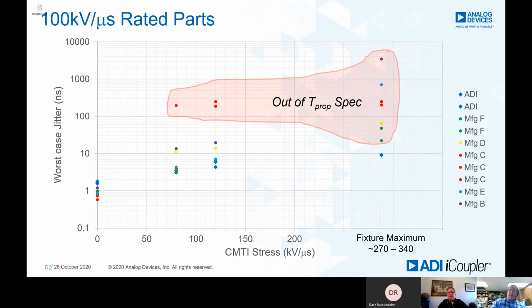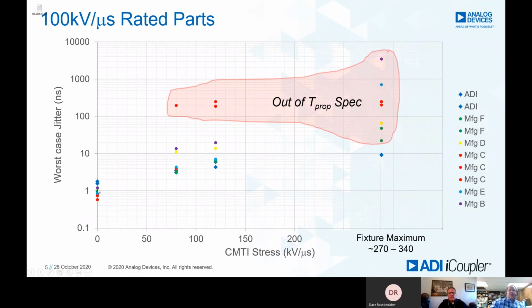There's a range of ratings for parts, so I was trying to pick parts that, when I looked at the data sheet, were claiming 100 kilovolt per microsecond performance, because it's not much of a comparison if you pick a 20 kilovolt per microsecond part and compare that to something higher. So I tried to make it fair, and selected a range of parts from different manufacturers and tested them.